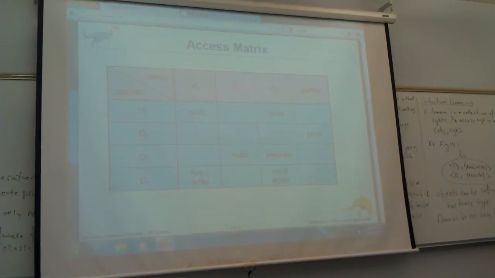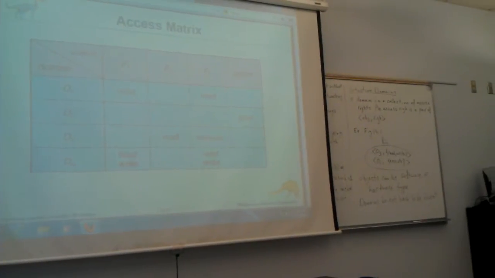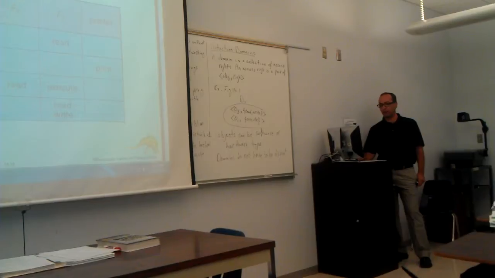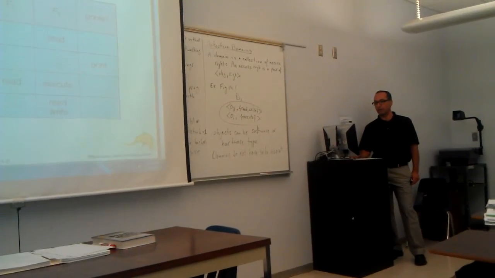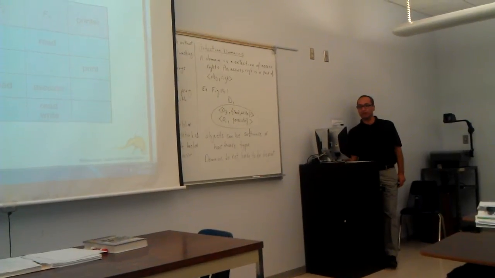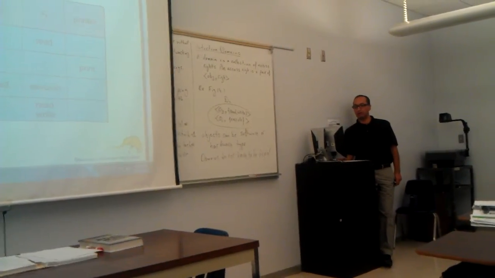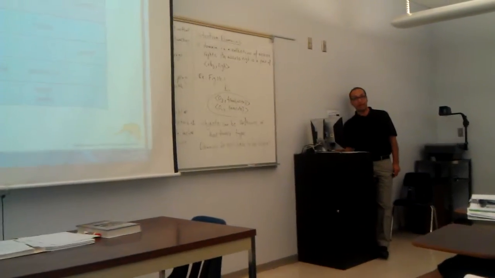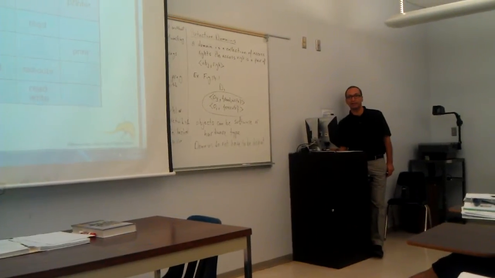And this is an example of an access matrix. This is figure 14.3. So you have these domains, D1, D2 through D4, and these objects, F1, F2, F3, and printer. So in domain D1, you have read access to object F1 and read access to F3. In domain 2, you have print access to the printer, right?